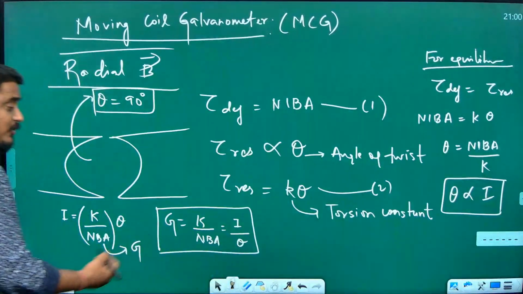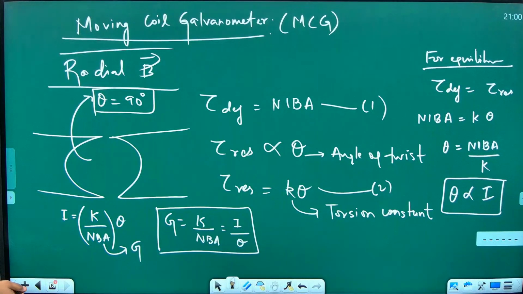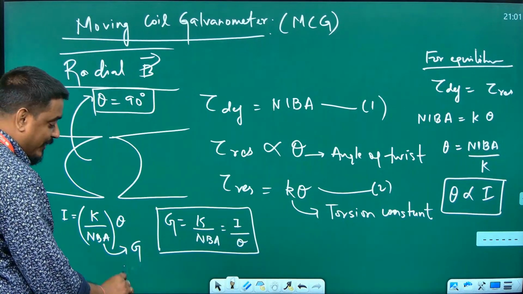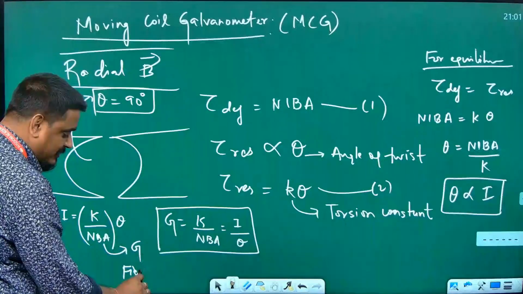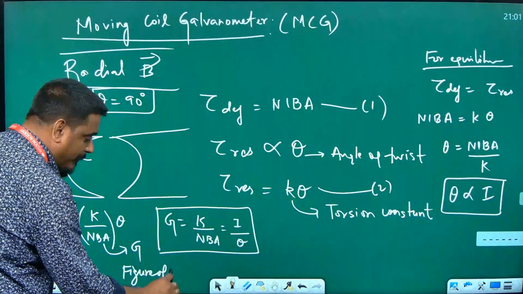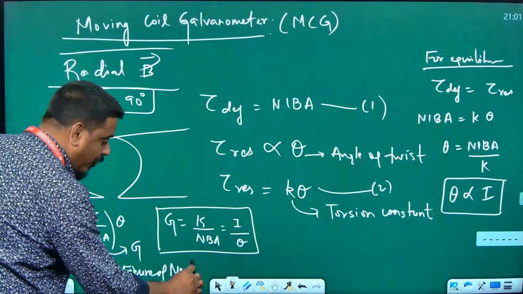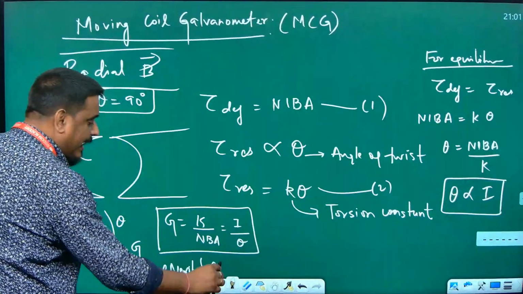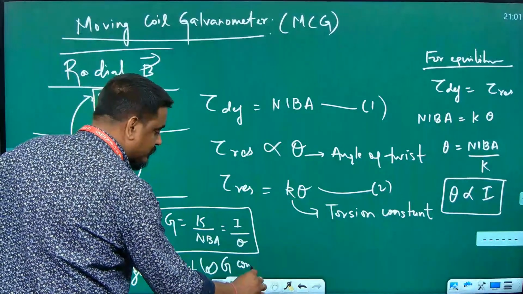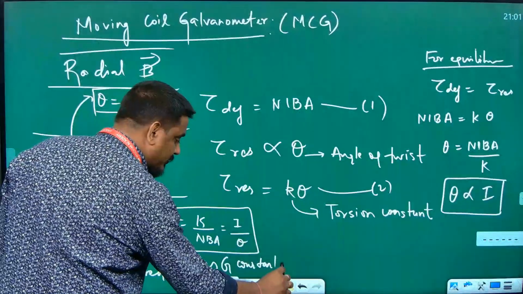It has another name also. What is that? Anybody knows? Velamal taught this chapter. This is also called as figure of merit. It comes in the board exam sometimes. Figure of merit, or also called as galvanometer constant. Whatever you want, you can write. Remember both.